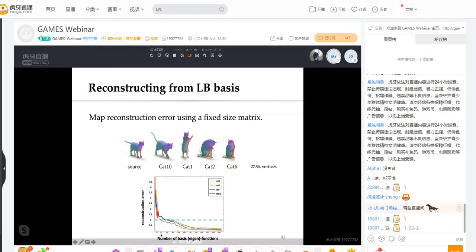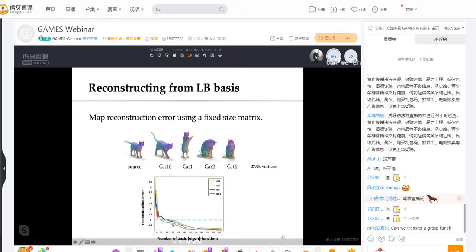Then if you look at the error that you're making, here on the x-axis I plot the number of basis functions that we use, and on the y-axis I'm plotting the reconstruction error for the point-to-point map. Basically, below about 80 eigenfunctions, the error is less than one edge length of the mesh. So what that means is that I have these shapes with 28,000 vertices each, and I can encode good correspondences between them using matrices of size 80 by 80. And this is typically the kind of size that we use in practice.